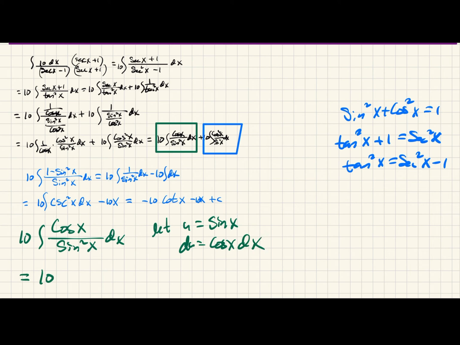So this whole thing becomes 10 integral u to the minus 2 du, which becomes minus 10 u to the minus 1 plus C. I could write this as 1 over sine theta, couldn't I? How else could I write it? Cosecant.